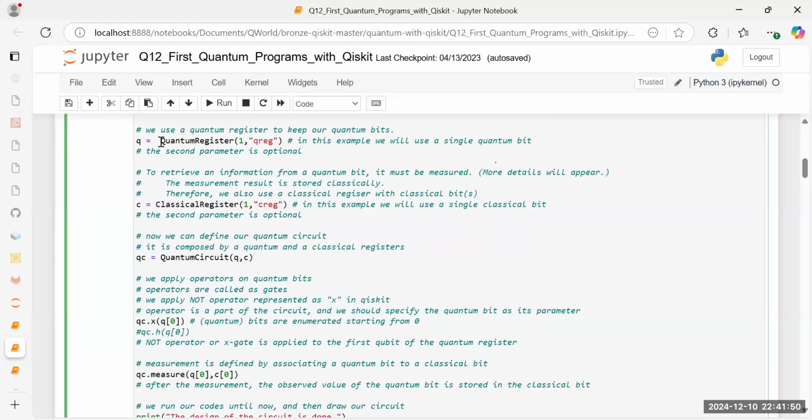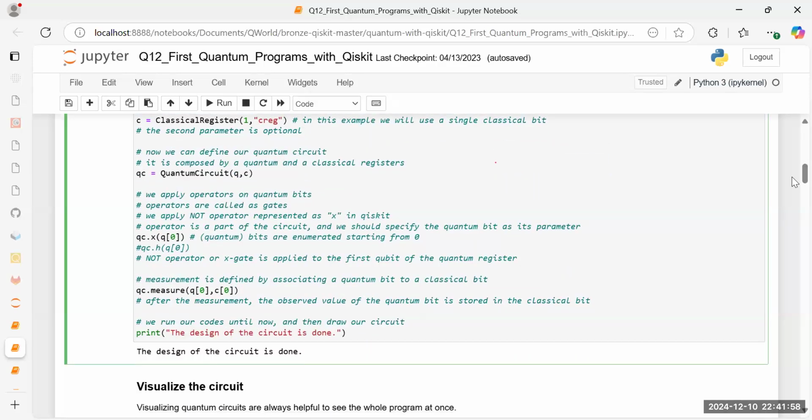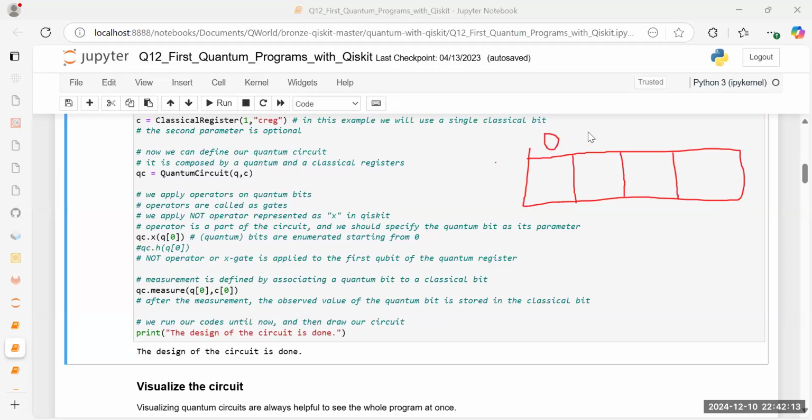We said our quantum memory, or our quantum register, is represented by Q. It has several slots. I'm just going to use 4 slots here. The first location is location 0, then location 1, then location 2, location 3, and we can go on and on. I'm writing the dots, meaning we can keep going.